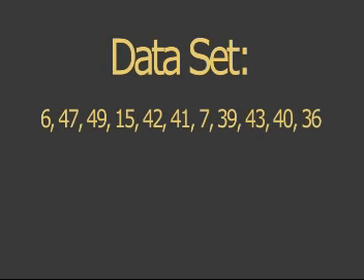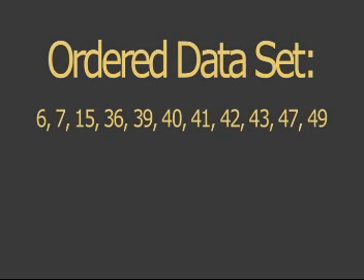Here is our data set. Put the numbers in order from smallest to biggest. This is an ordered data set. Then use the median to divide the ordered data set into 2 halves.